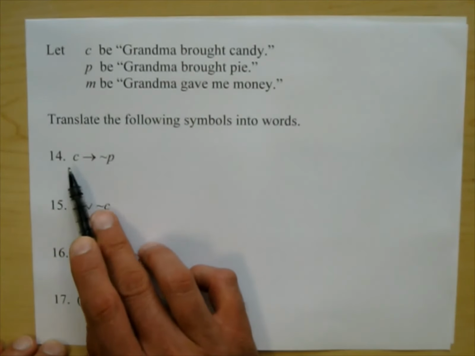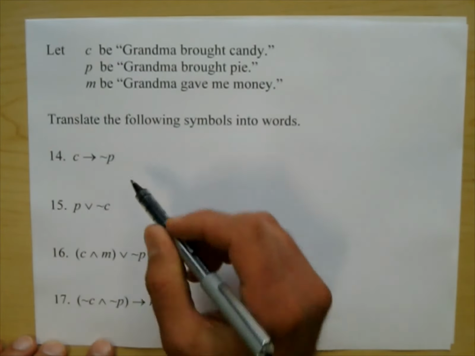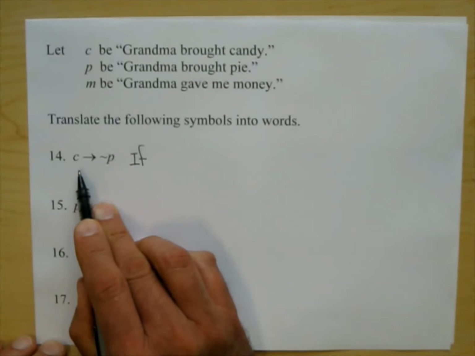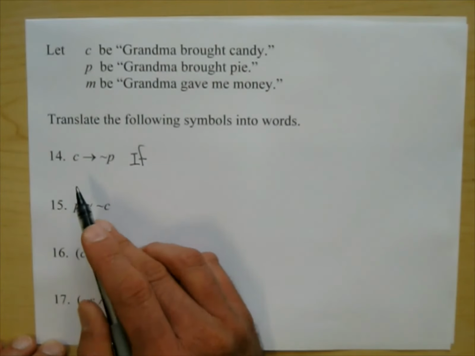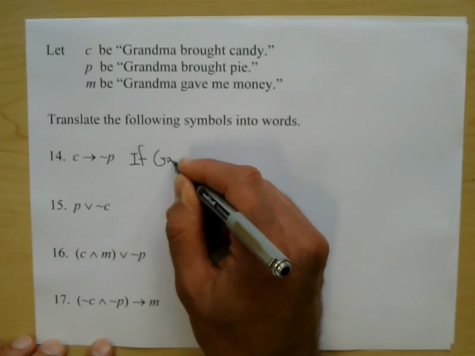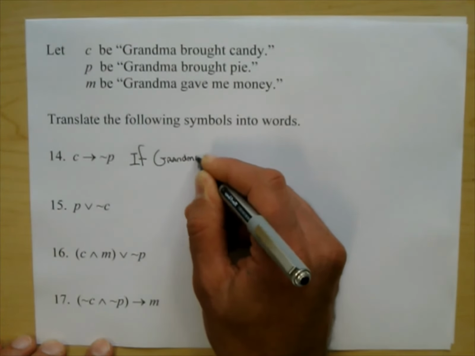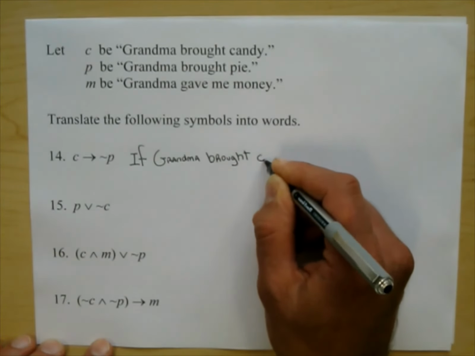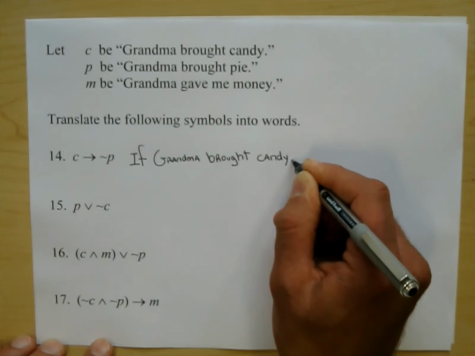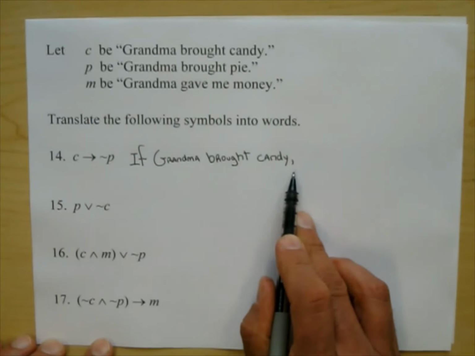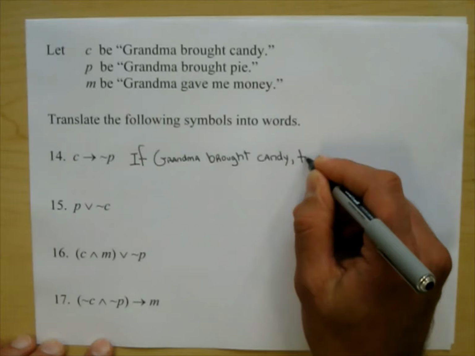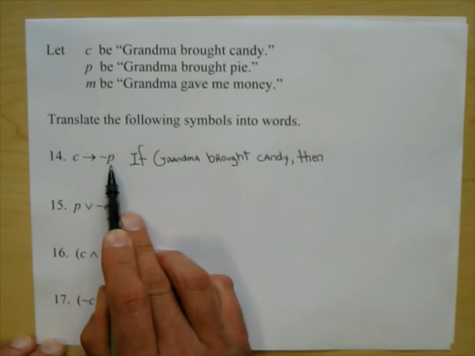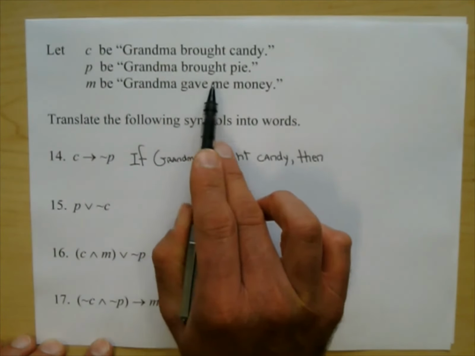So look at this. We start off, here's an if-then. If C, then not P. So if C, Grandma brought candy. Okay, so let's write that down. Grandma brought candy, comma. The if-then always has a comma right before the then. Then what? So if Grandma brought candy, then we're going to write not P. P is Grandma brought pie.